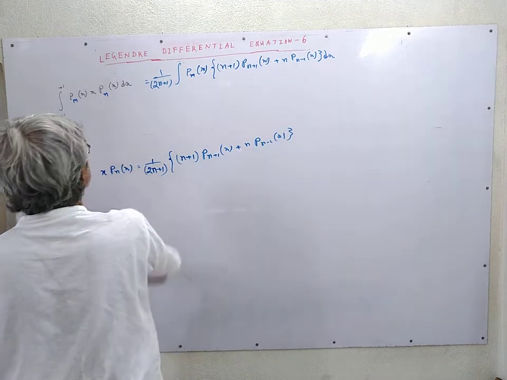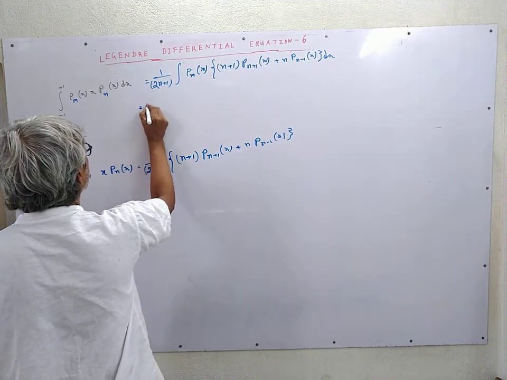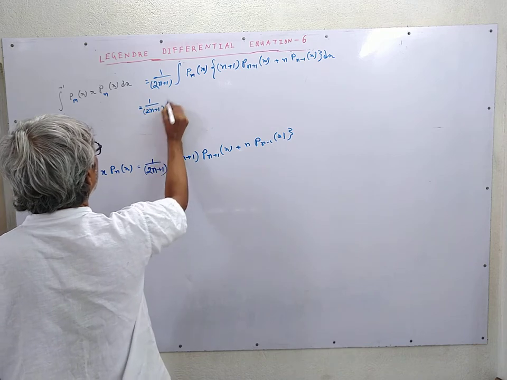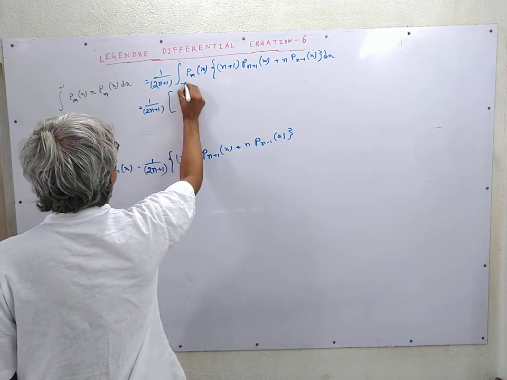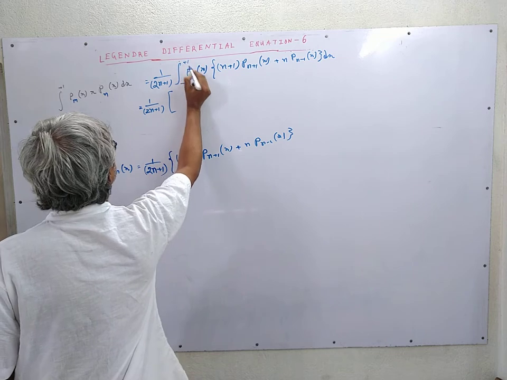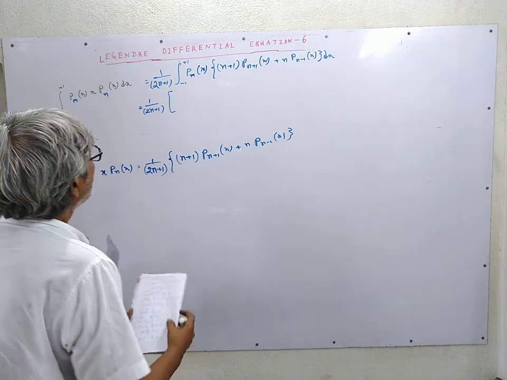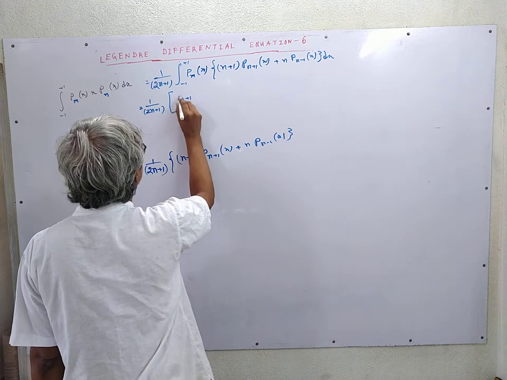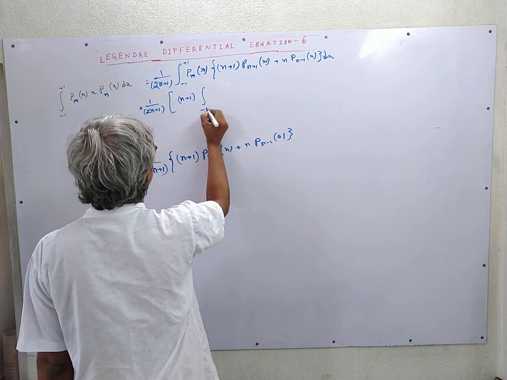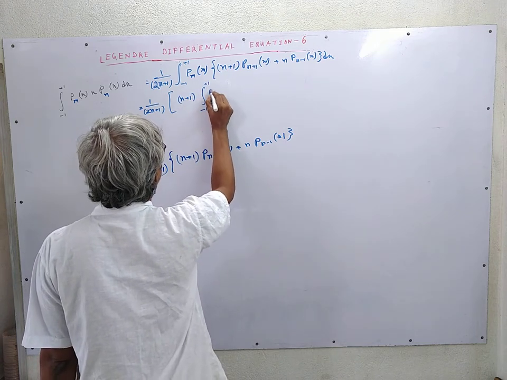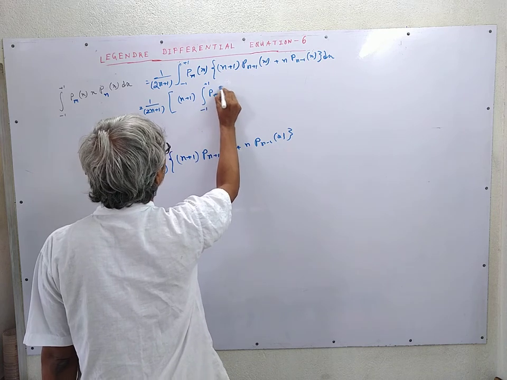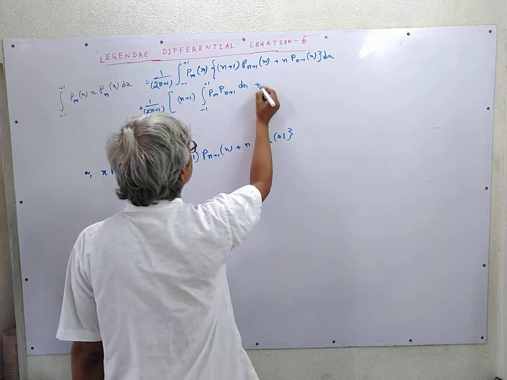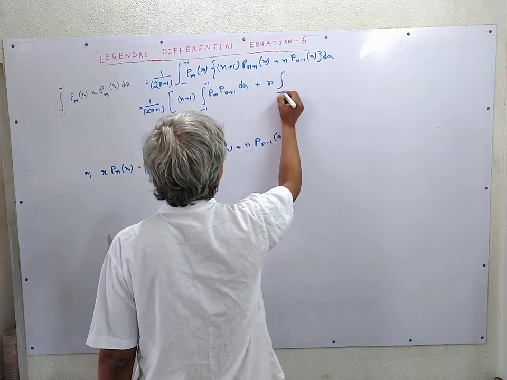We write this as an integration from minus 1 to plus 1. First term, n plus 1 taken out, skipping the arguments, and then the next term.